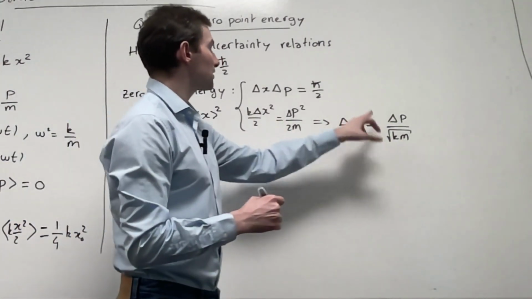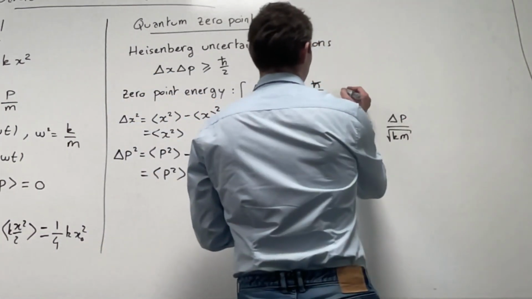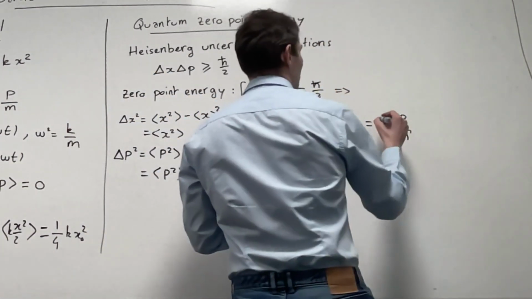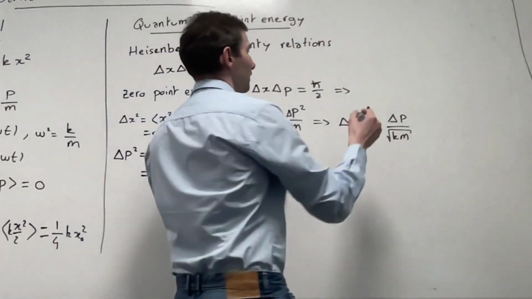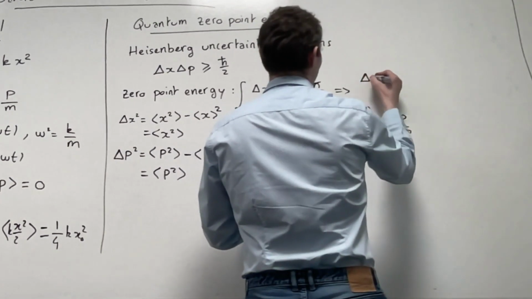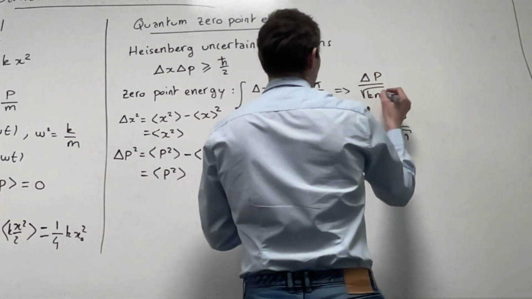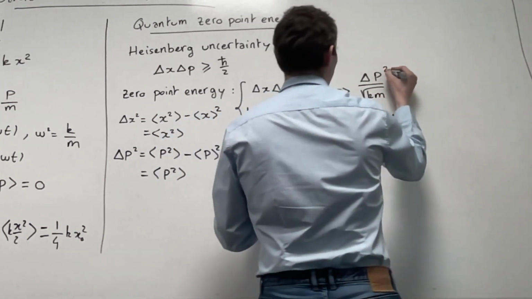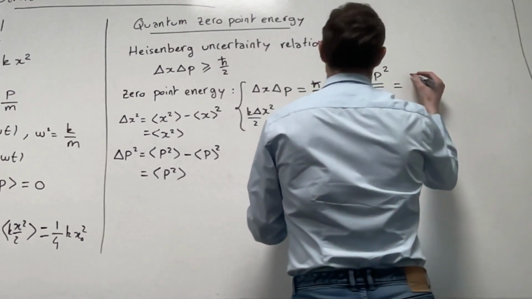And then what I do is that I substitute back into the other equation. So I've got delta p divided by square root of km, and that's actually now delta p squared is equal to h bar over 2.